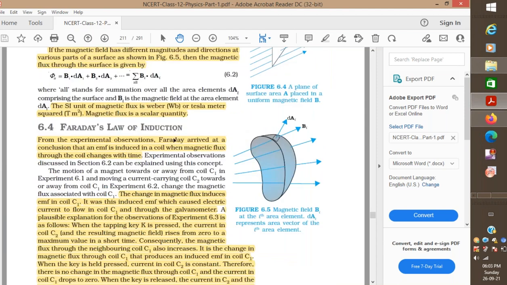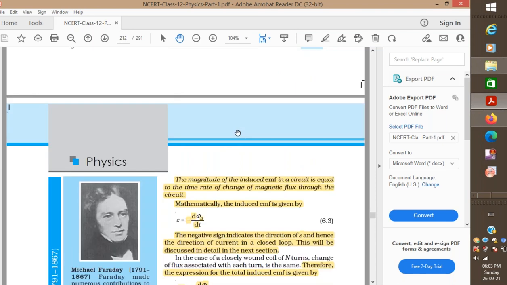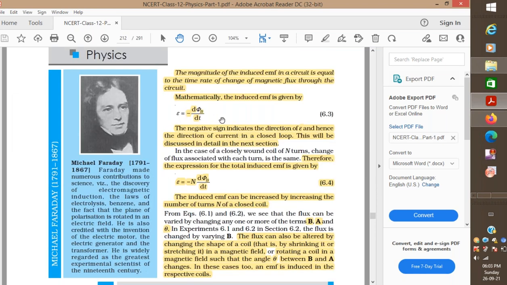What we have learned so far from their experiments is that a change in the flux linked in a coil produces an EMF, and that EMF in turn produces a current.